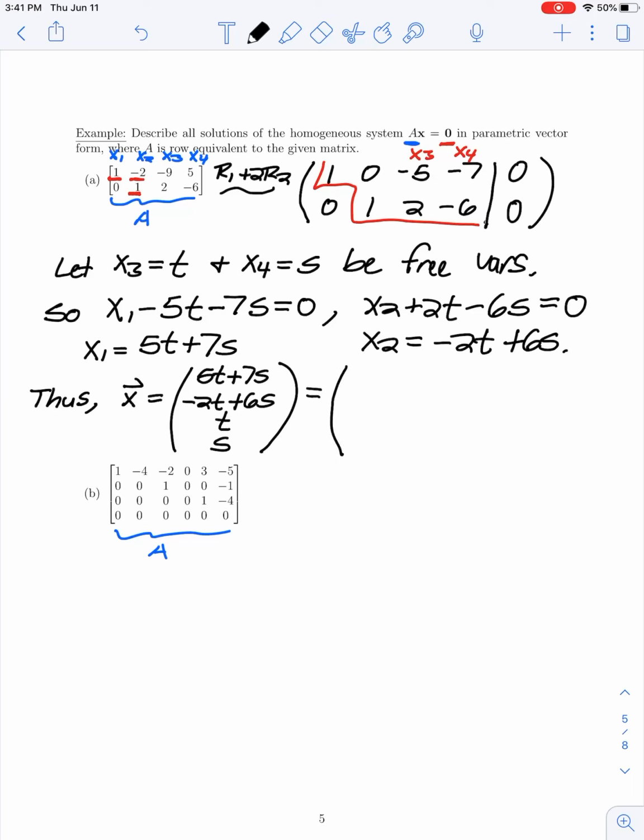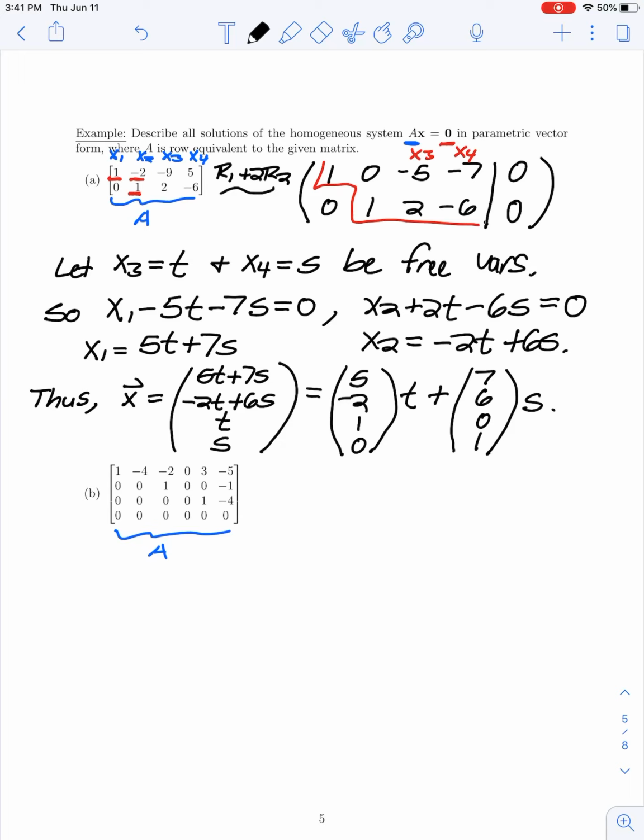Or writing this in parametric vector form, pulling out the coefficients for t, we have 5, -2, 1, 0 times t, plus 7, 6, 0, 1 times s, where t and s can be any real numbers.